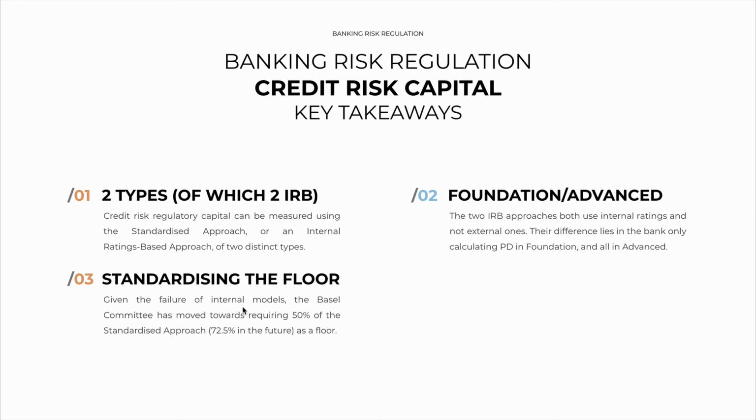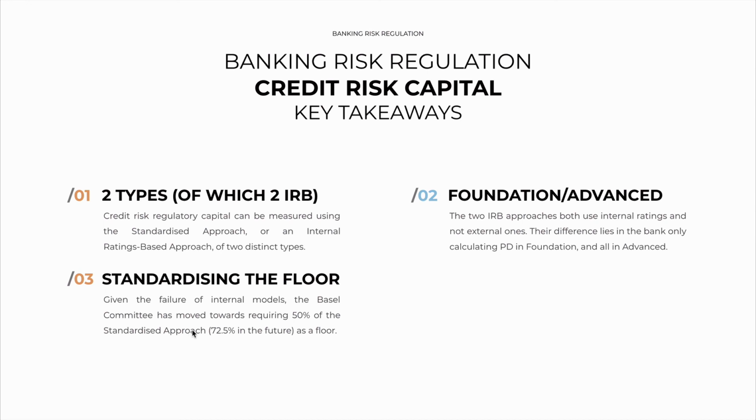And finally, given the failure of internal models, or at least the lack of credibility of their results in most cases, the Basel Committee has moved towards requiring 50% of the standardized approach capital as a floor to the model, in the future growing to 72.5% of the standardized approach result.